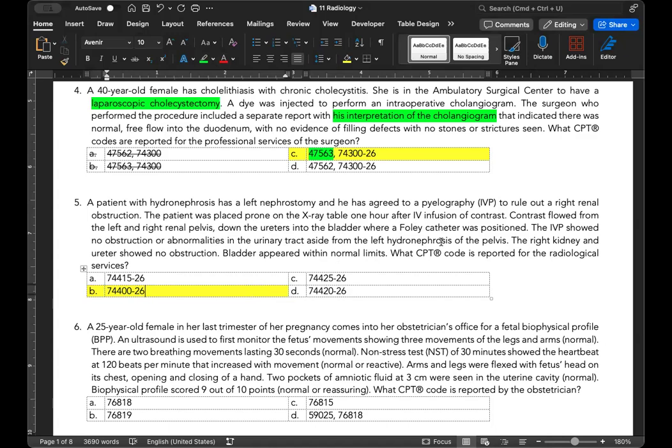But in testing, because you have a 26 on everything, then obviously we need a 26. So Disha, I'm not sure that I would even say for the radiological services, that's indicating that we should only do the professional component, because the radiological services could be anything, right? They're not saying the professional component of the radiological services. They're just saying the radiological services in general.